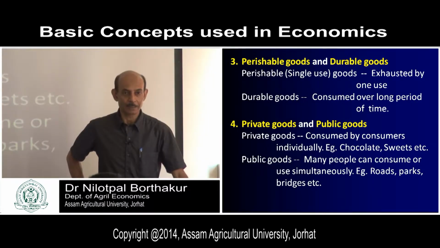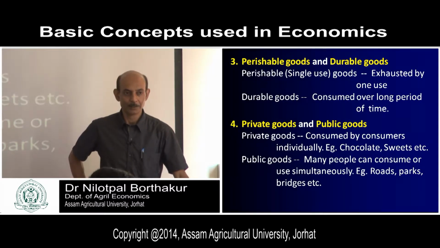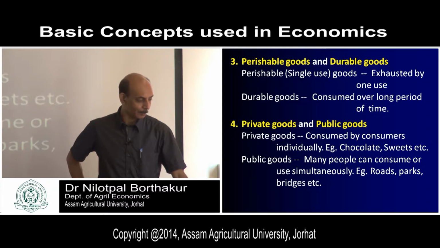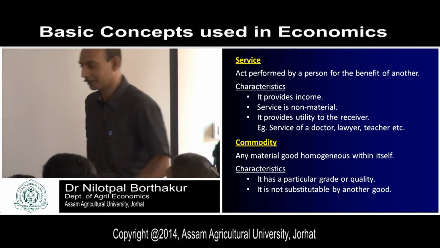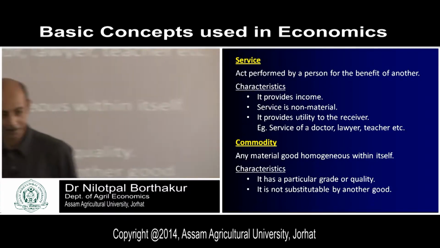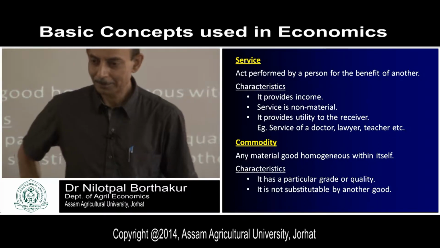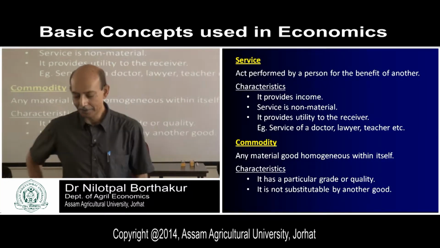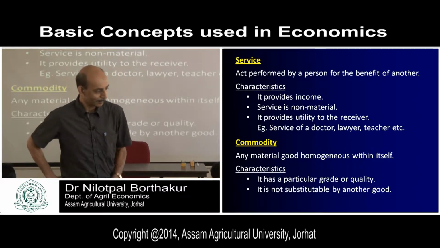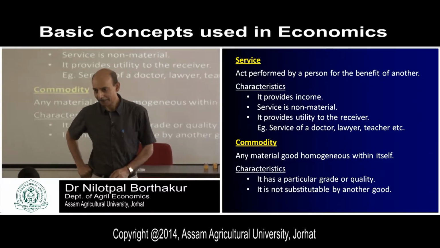Can you find any other classification? Any idea? Can it be classified in many more ways? These are the classifications: perishable and durables, private goods and public goods, free goods and economic goods, and production and consumption goods.